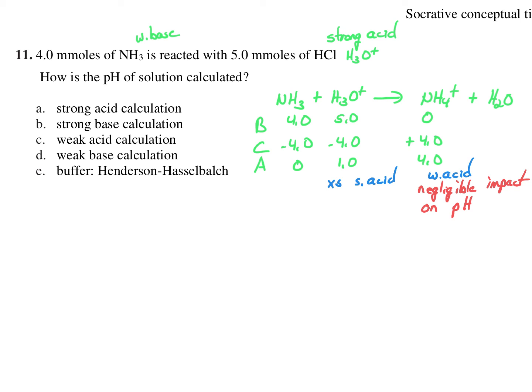So what we need to consider in our calculation is the strong acid that's in solution. To get a numerical value for the pH, we would calculate the concentration of the hydronium ion that's in excess and do the standard calculation.